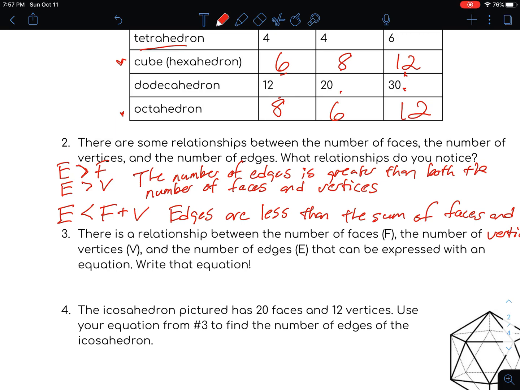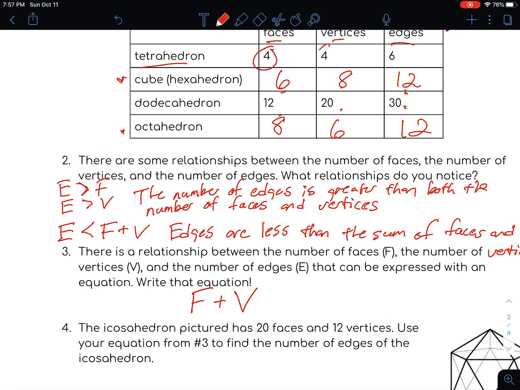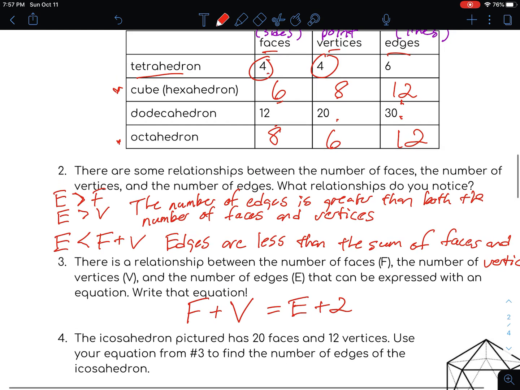Can you see the relationship? There's a few different ways of expressing this, but you may have noticed that the faces plus the vertices, so the first two numbers, faces plus vertices, is equal to the number of edges plus 2.